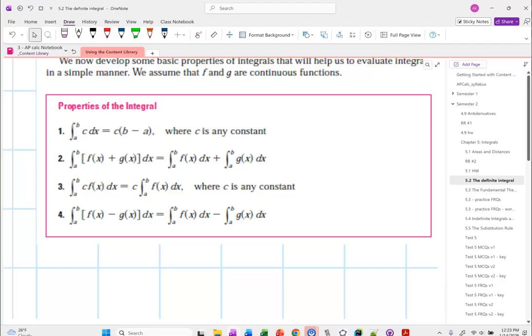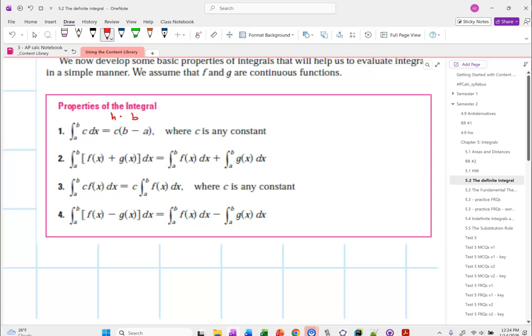What's the width of that rectangle? B minus a. What's the height of that rectangle? C. That's all we're saying, right? This is just really base times height. Because all you have is a rectangle. So are you okay there?